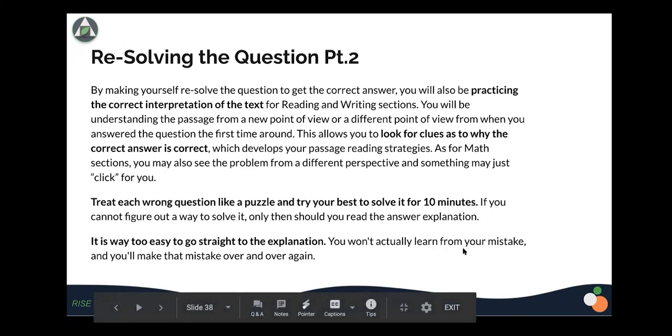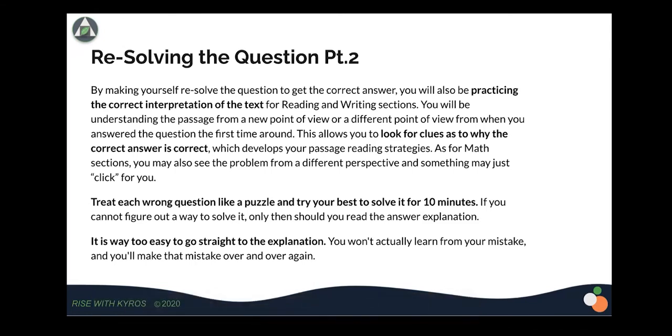So when you're resolving the question, make sure you do it yourself, because that way you will also be practicing the correct interpretation of the text for reading and writing and understanding the passage from a new point of view. And for the math section, you can also see it from a different perspective. As I said, something might just click for you.